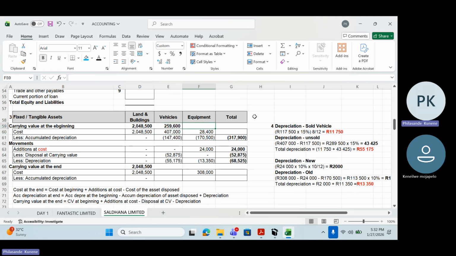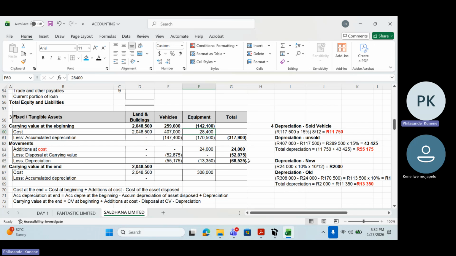And then how much is the one for the equipment? 113,500 rands. So that should be an amount.